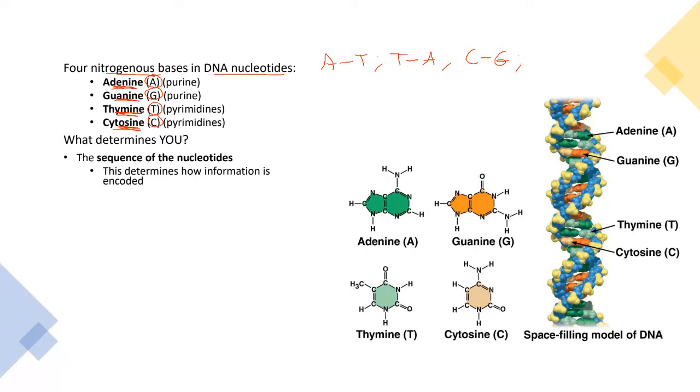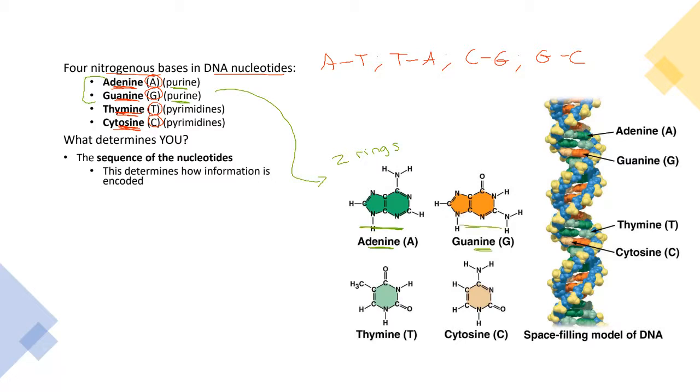One of the main reasons why this happens is that adenine and guanine are purines. And the purines, as you see over here, are made of 2 rings. Adenine and guanine are made of 2 rings, right?